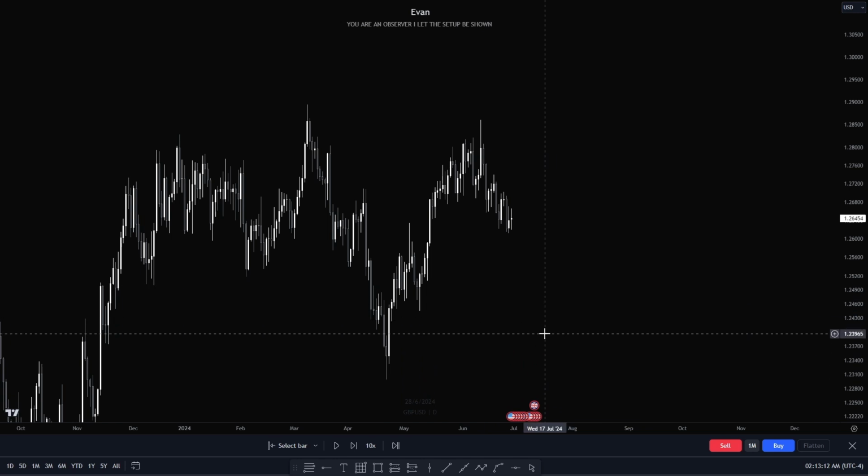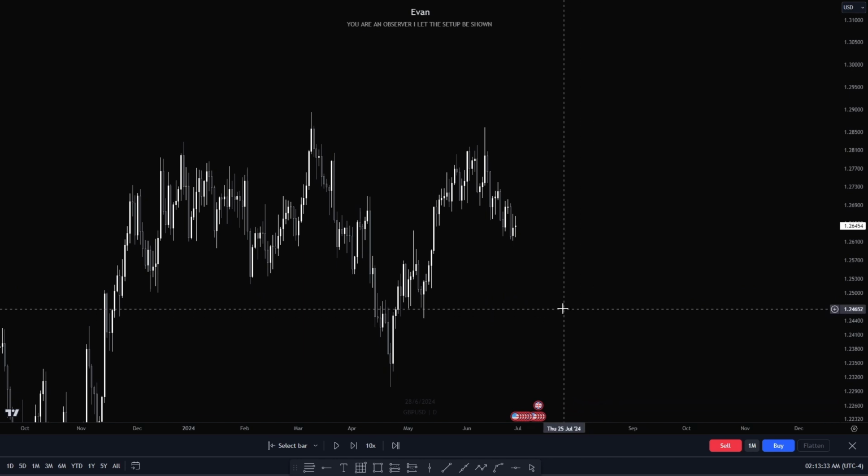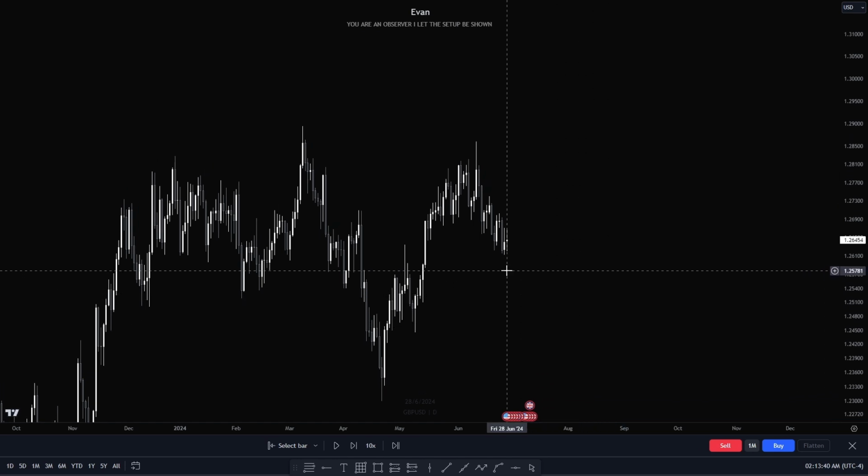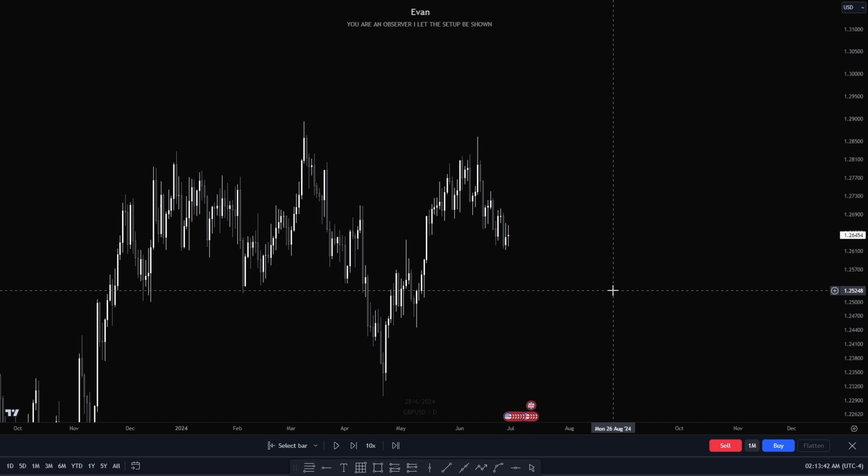And so in this chart right here, we're doing a forex pair, GBP USD. Only because the NQ chart isn't really as nice because we're near all-time highs, and so there's not really any nice structure to show you guys. So in today's video, I'll be showing you guys how to backtest. So let's get right into it.